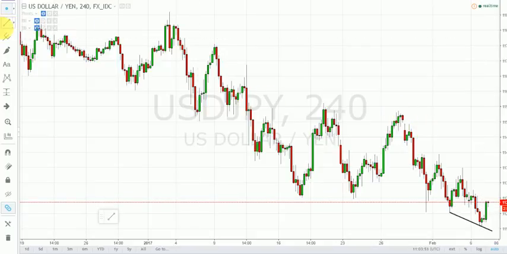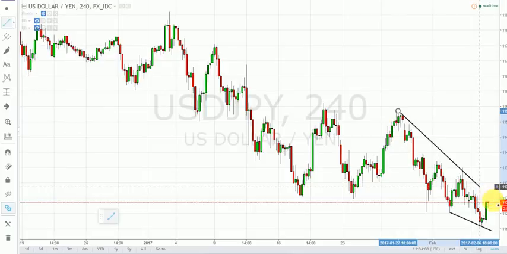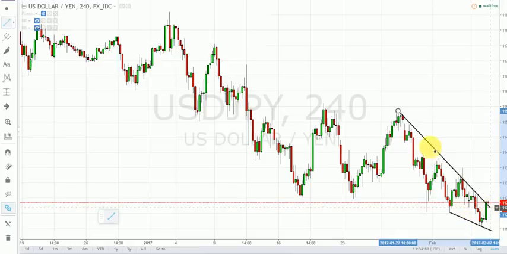So if we take a trend line from the top of this here all the way down, we've got that line there. It has broken that trend line from hitting this high here.